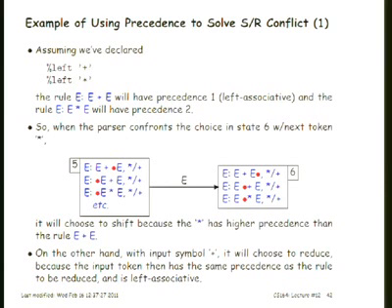So we can use the same thing for the famous dangling else, because here the problem is that you want that second else to group with any inner then, rather than the outer one. So what that means is that we simply give else higher precedence than then.